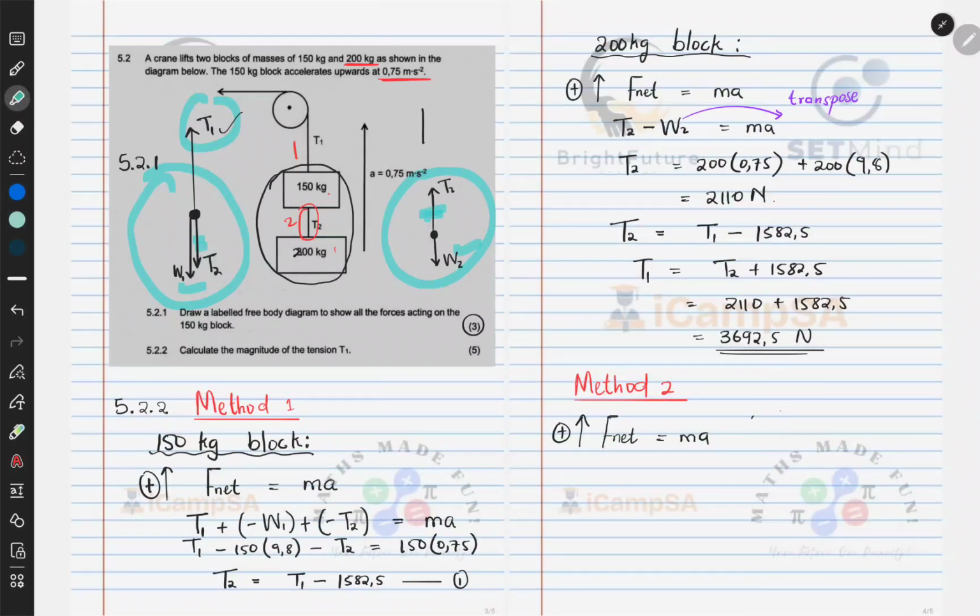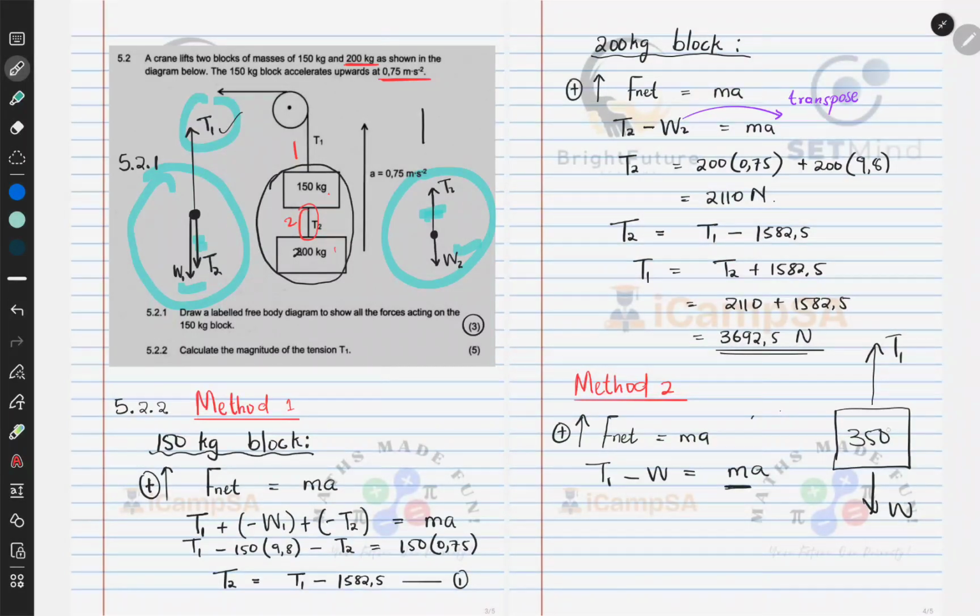So we'll essentially have something like that. You have one big block. It means now our mass will be 350. Then we have T1, and then we'll have the weight. So we'll have T1 minus the weight equals MA. Now here you must also be careful.